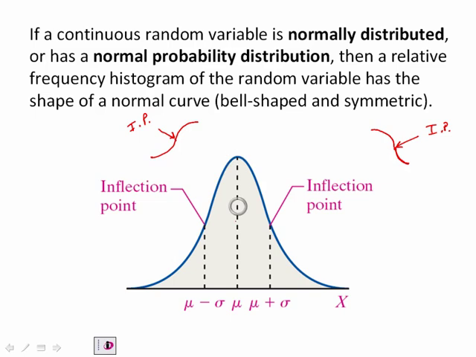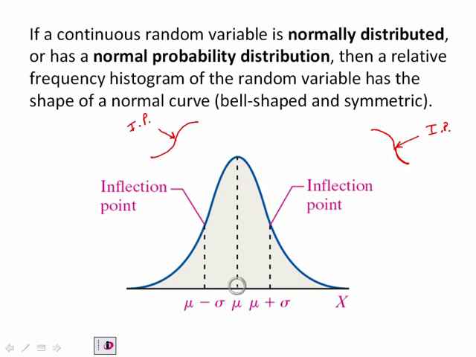You should also notice the symmetry about the mean. You see it? In other words, if I split the graph right down the middle, right down the mean, you get a mirror reflection on either side. Agree? The total area under this curve must be equal to 1.